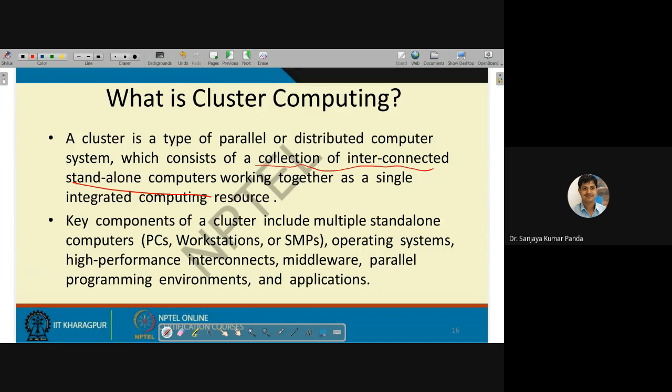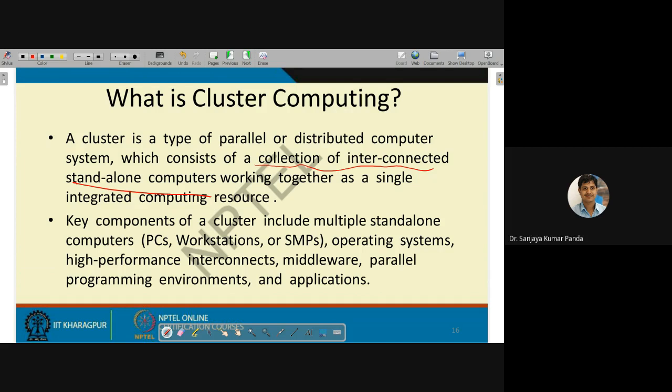If somebody asks you how many systems you have, as a provider, you will say there is exactly one system. But behind that system, you have a number of stand-alone systems. That's why when we go for a cluster, we want to group a set of stand-alone computers and integrate them as a single resource.